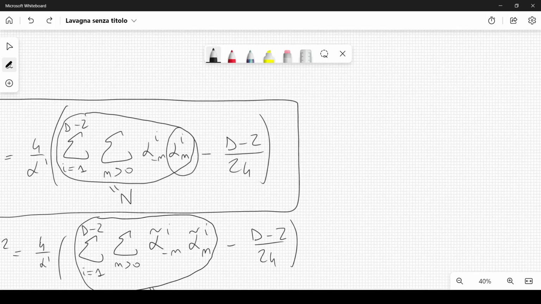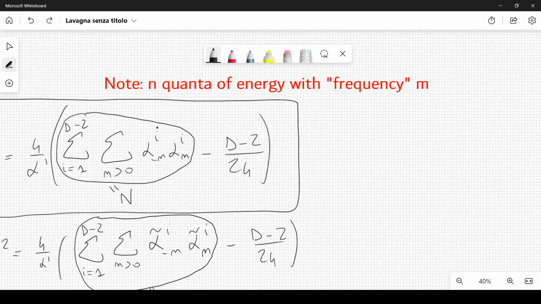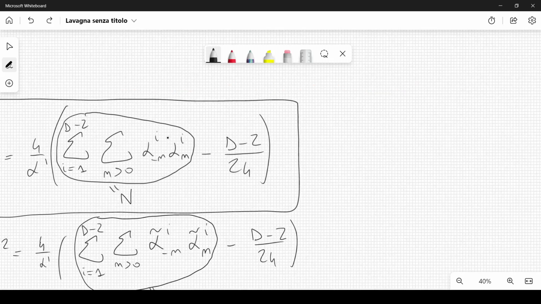So this alpha I n will destroy a state, so it will remove some energy, and in particular n quanta of the energy. Whereas this term here, when n is greater than 0, will create the n quanta. So it's as if we are doing the same operation back and forth. And therefore we get a constant, basically, when doing so. We get something proportional to the state.